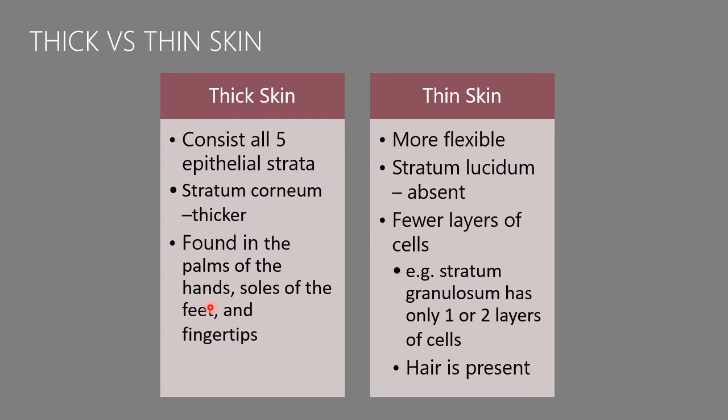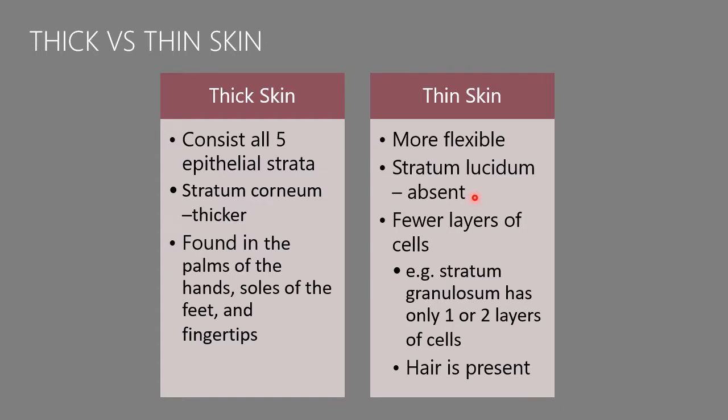They are usually thick. While for your thin skin, what is unique is that it is more flexible. And this covers the rest of our body. Okay? So, mas marami siyang coverage compared to our thick skin. Now, the stratum lucidum is not found in thin skin.